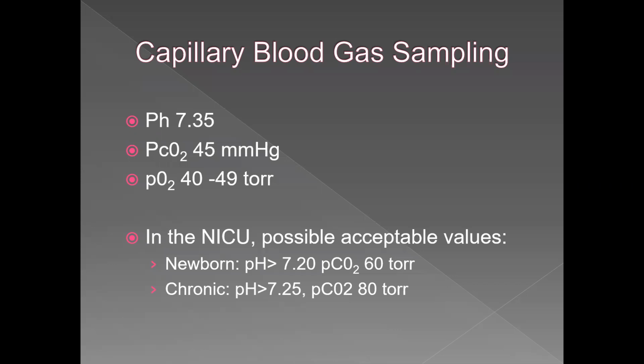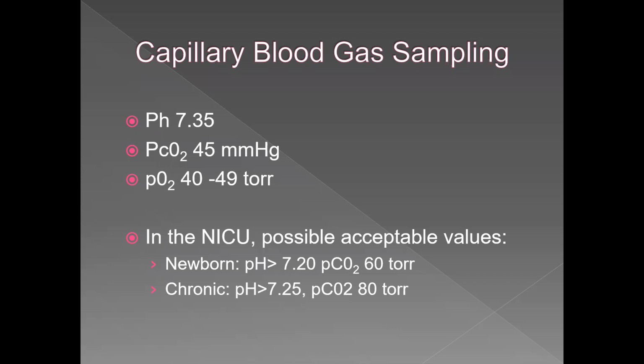So that's a good way to remember. A normal pH for a capillary blood gas is 7.35, the acidotic side of normal. CO2 45 is the acidotic side of normal for CO2 in the adult. So that's how I remember a normal pH 7.35 and normal CO2 is 45.